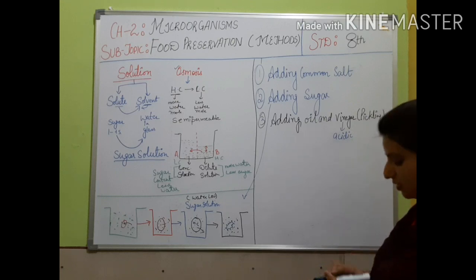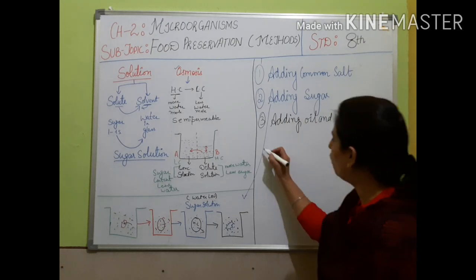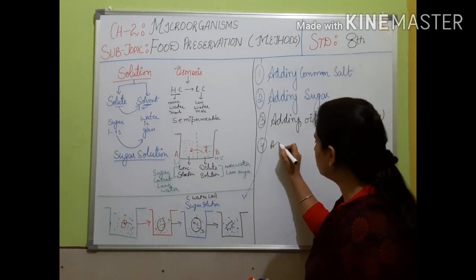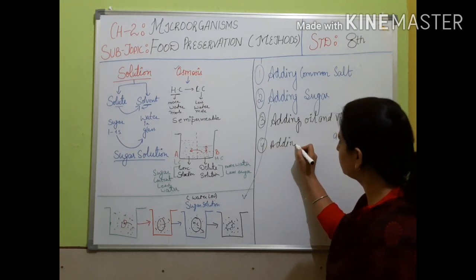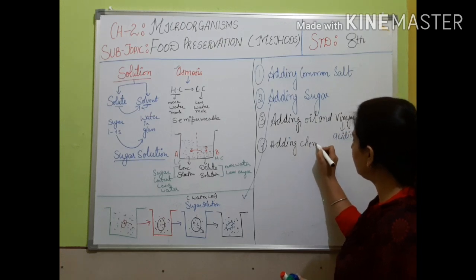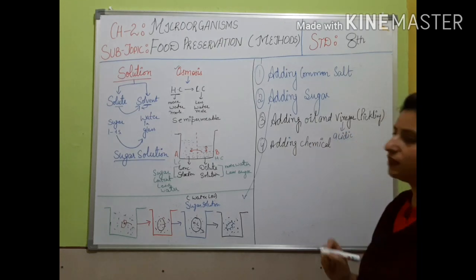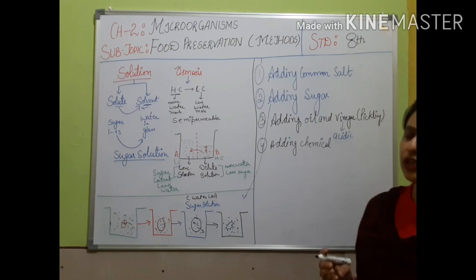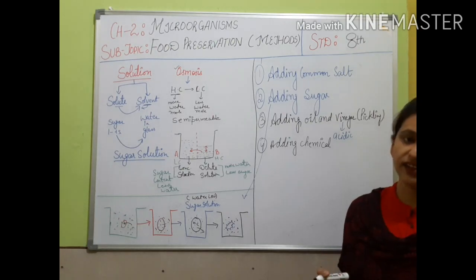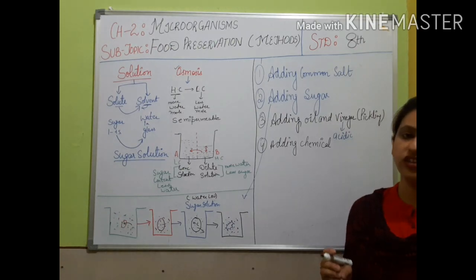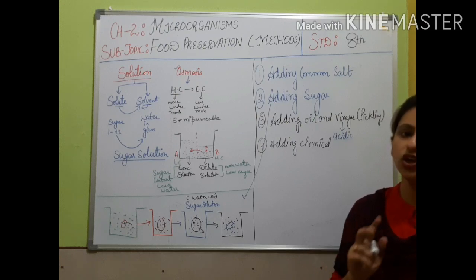Now the next method is the method of adding chemicals, and these chemicals are artificial chemicals. So WHO and CDRI, that is the Central Drug Research Institute, has permitted only two chemicals.